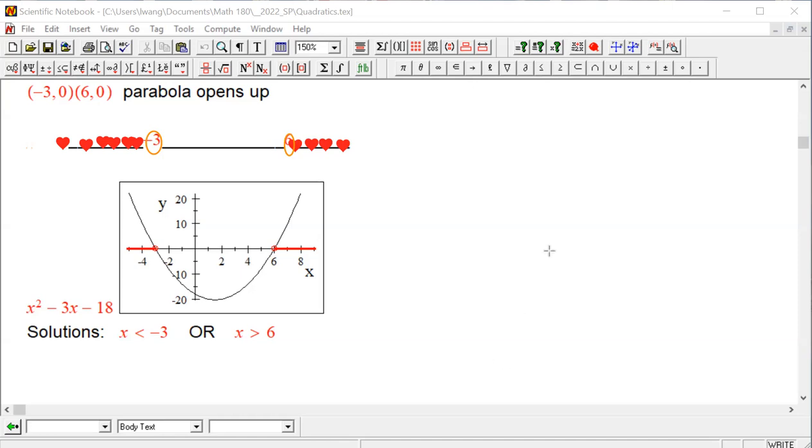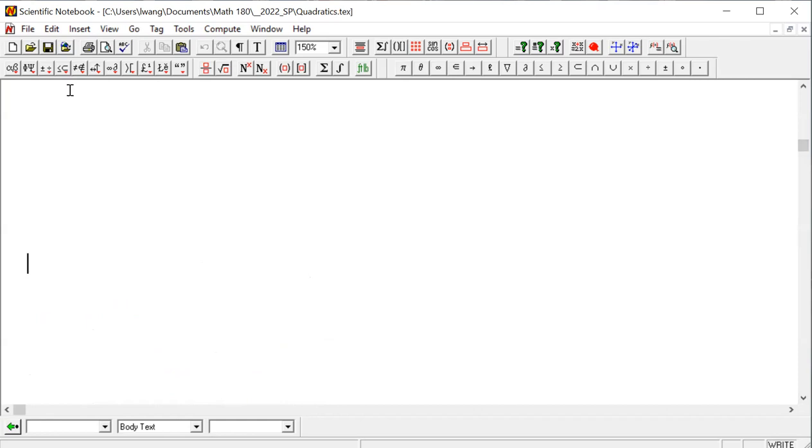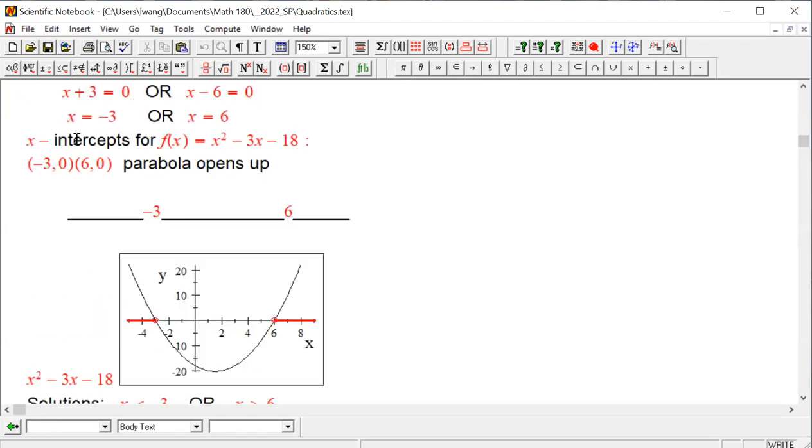If factoring is difficult, what can we do? We have 5 methods, right? We have 5 methods. So let's look at the next one, right?